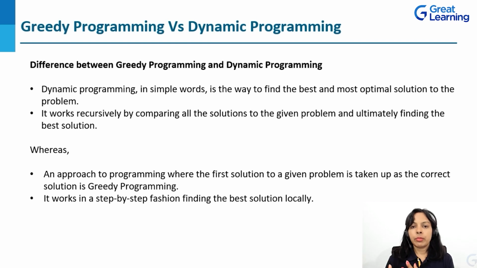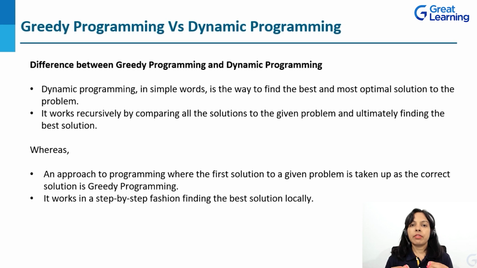So it takes more memory to implement. And as dynamic programming considers all the previous steps' solutions to find the current best solution, it is relatively slow. Greedy programming is relatively faster because it doesn't take into consideration all the previous subproblem solutions. It only considers the current best scenario. So these are the differences between greedy programming and dynamic programming.